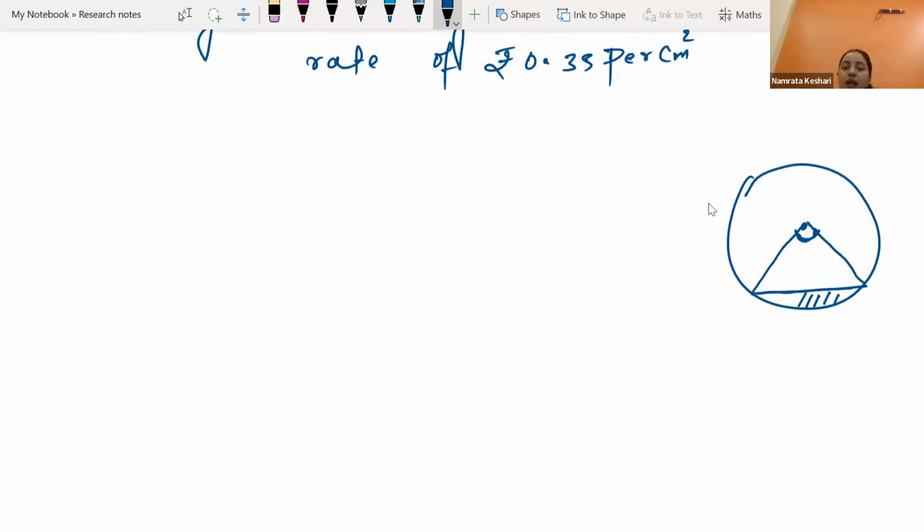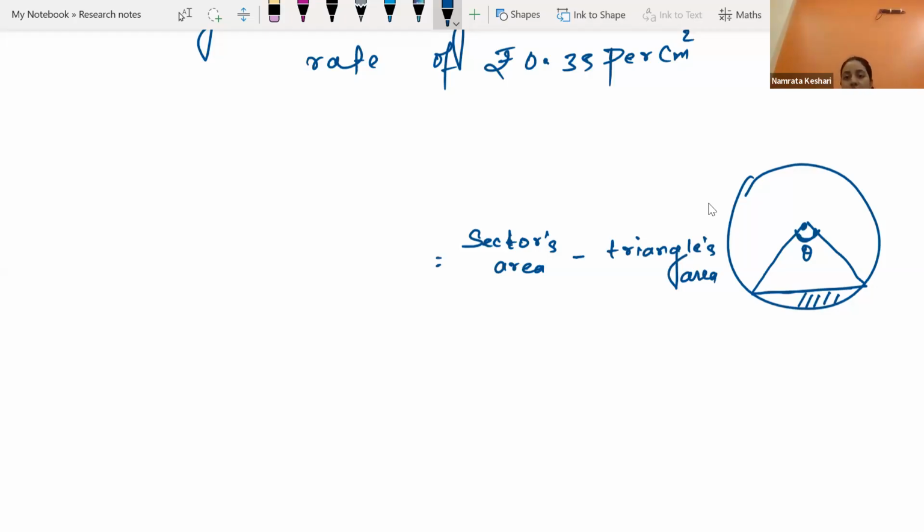With the help of the angle given, we find the sector's area, and from that we subtract the triangle's area, and that way we get the area of the segment, right? So sector's area minus triangle's area.